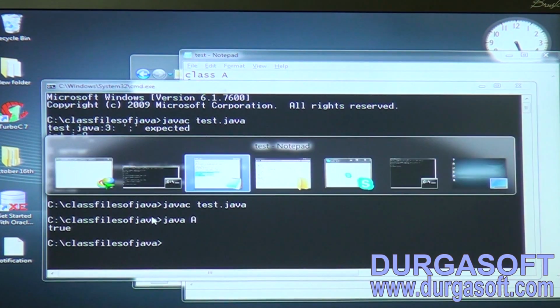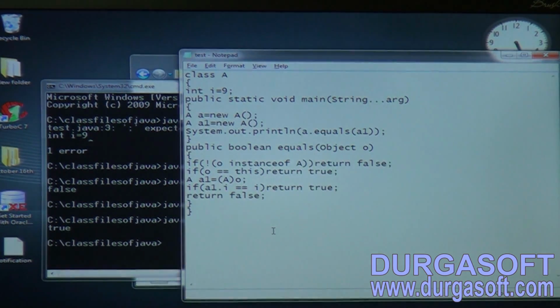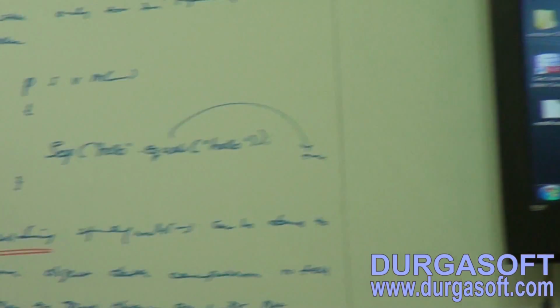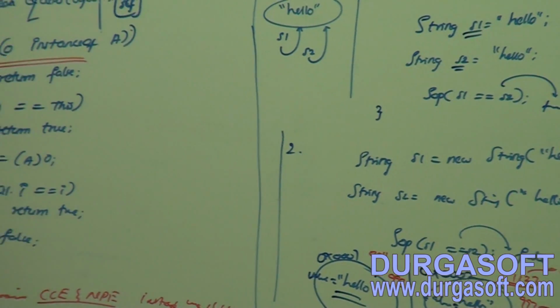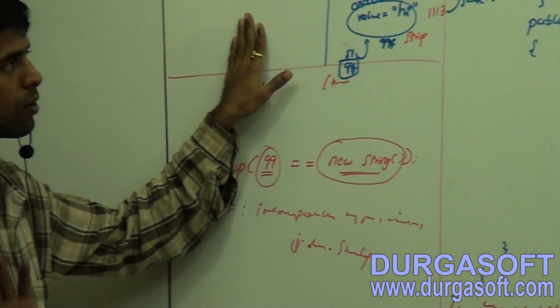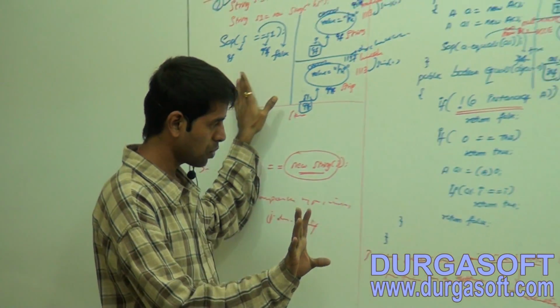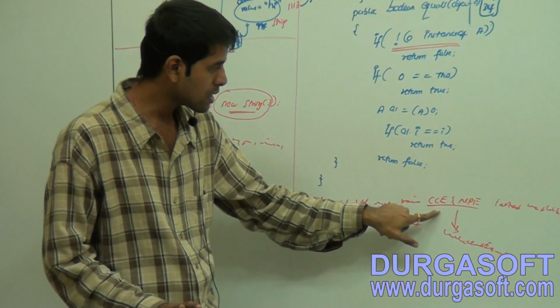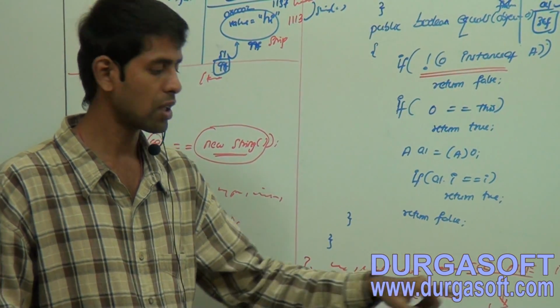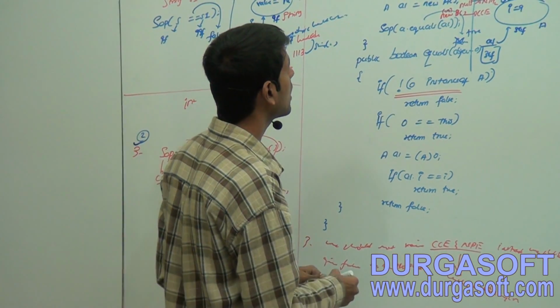Now let me compile and execute this piece of code. This one, simple thing, this one and this one. Now observe here, I said, let me prove it, ClassCastException, NullPointerException, right?